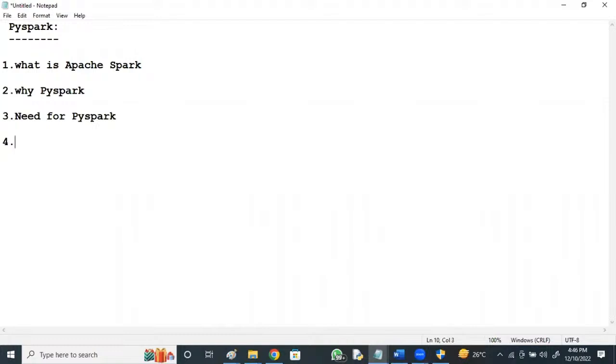Why do we need to go with PySpark, Spark with Python implementation, or Spark with Scala implementation? Whenever I say Spark versus PySpark, Spark by default uses the Scala language, and PySpark is Spark with Python implementation.